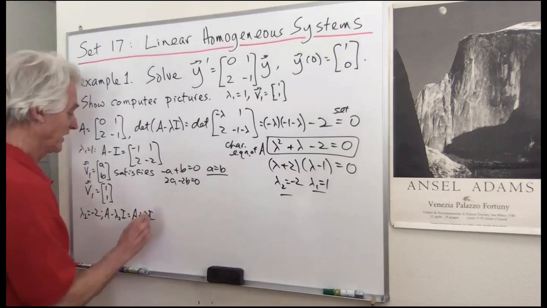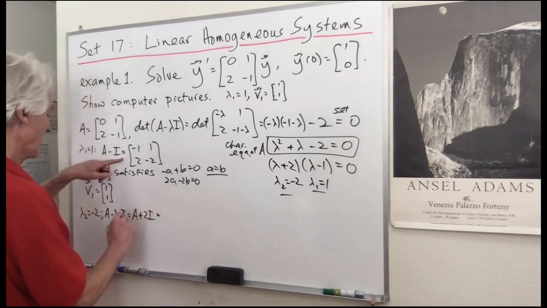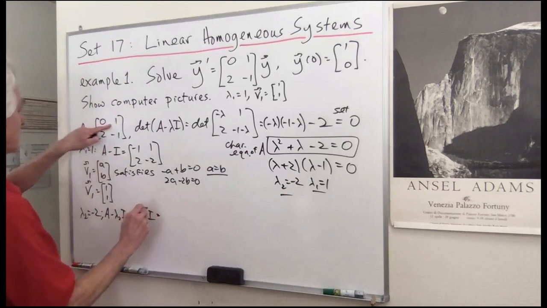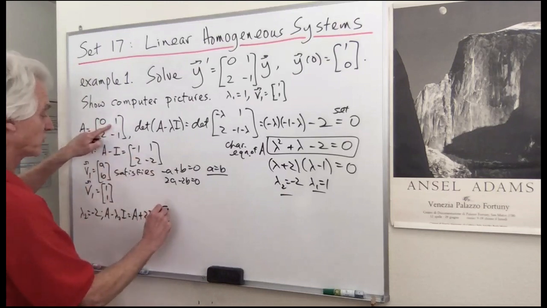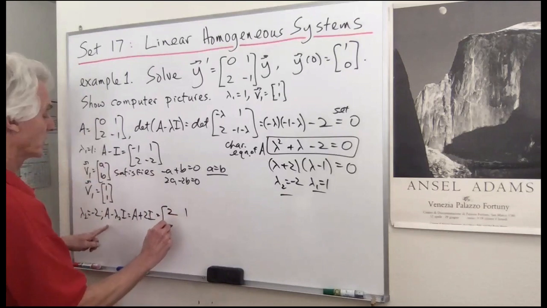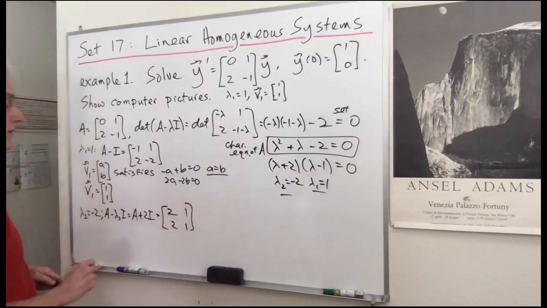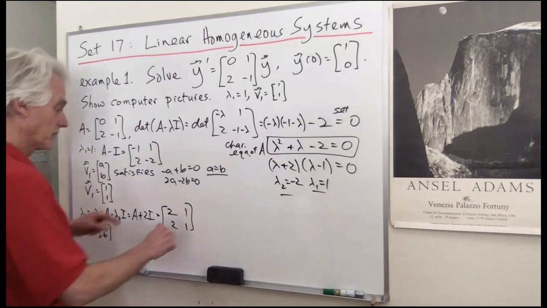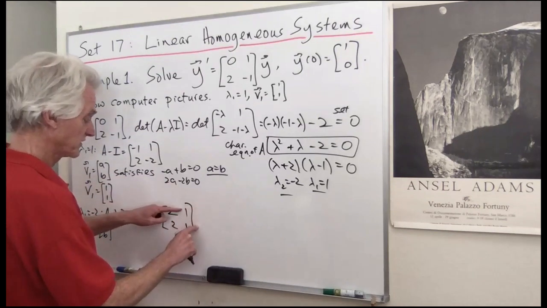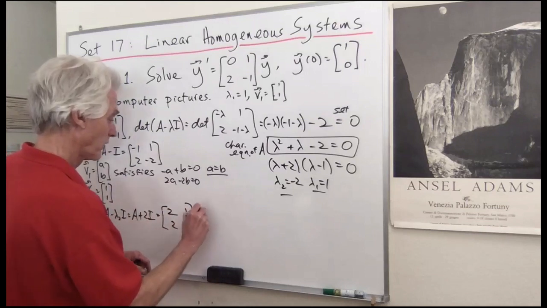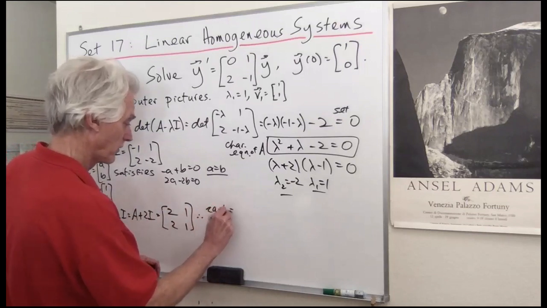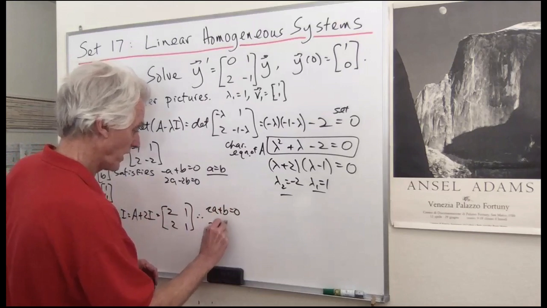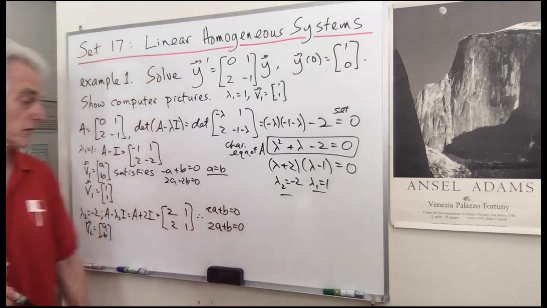Write it all out, and then give us what A minus lambda 2 I is. Here's the matrix A. I'm going to add 2 to the diagonal: 2, 1, 2, 1. The two rows are the same. And now for V2 equals (a, b), the equation says 2a plus b is 0. And the second equation is also 2a plus b is 0, right?